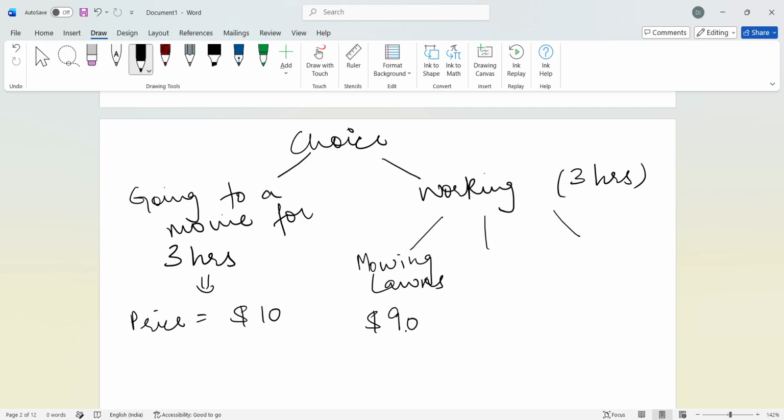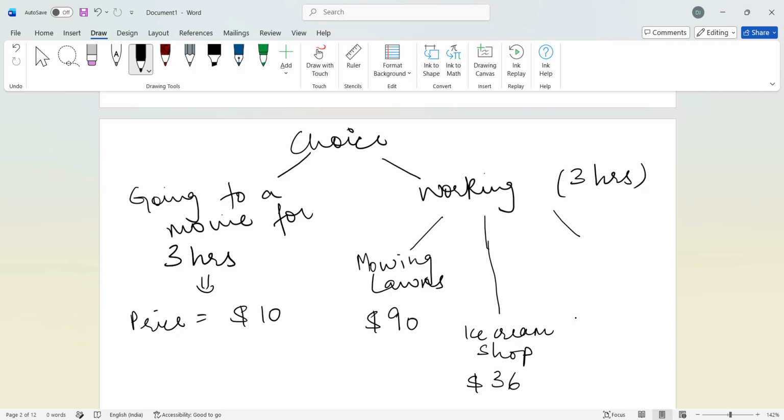And if you are working in an ice cream shop, then you earn $36 for 3 hours, so it's $12 per hour.